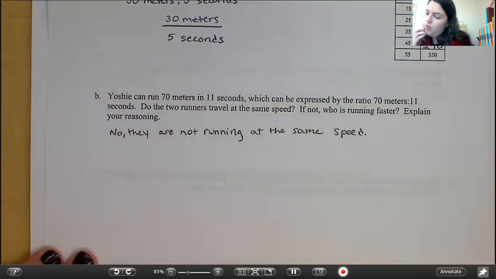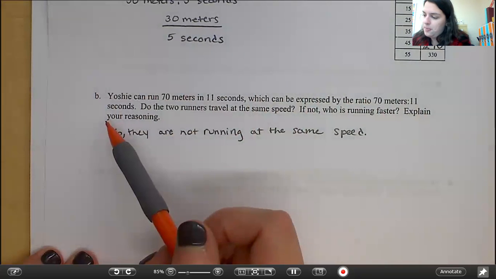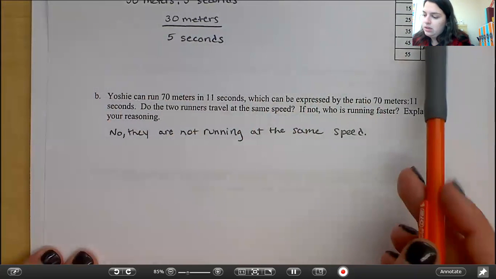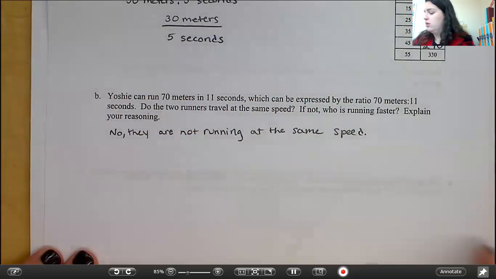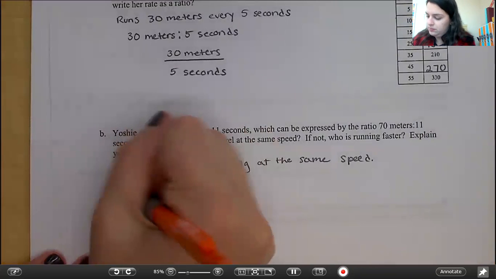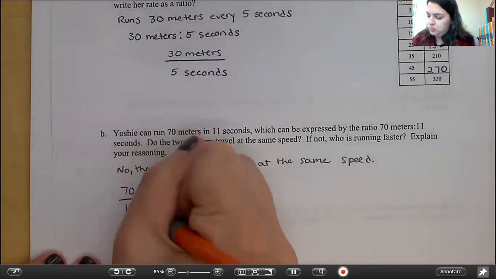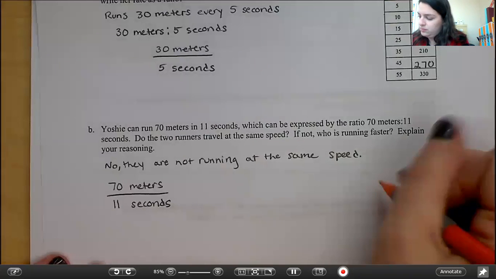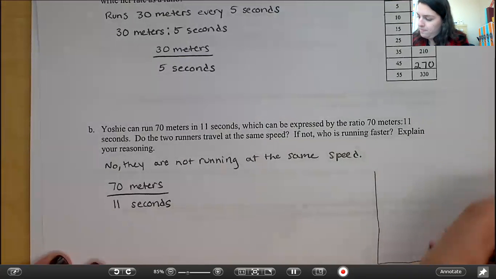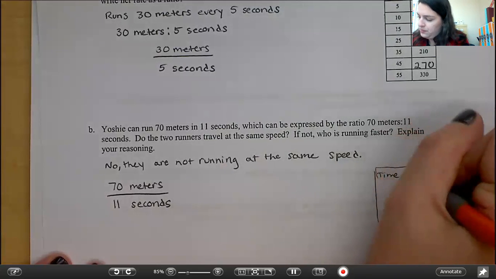So we know that Yoshi's running 70 meters in 11 seconds. Okay, so if Yoshi is running 70 meters in 11 seconds, we can create ourselves a table. So this is time.